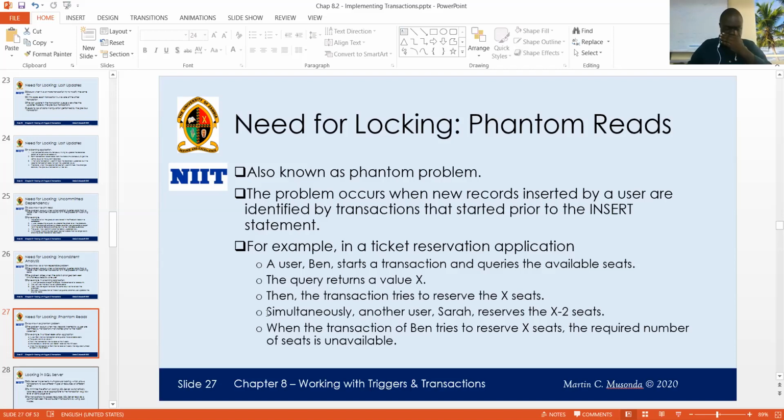So phantom read is when statements in one transaction get two different readings because another user or another transaction had performed an insert or update statement before the data was committed.